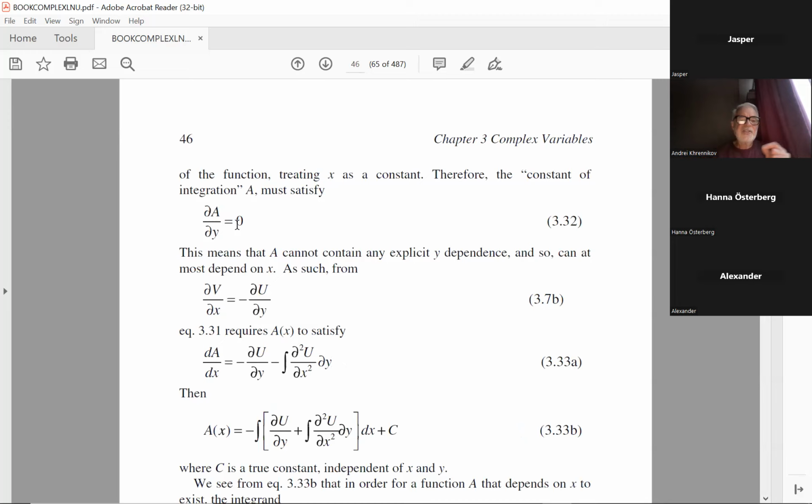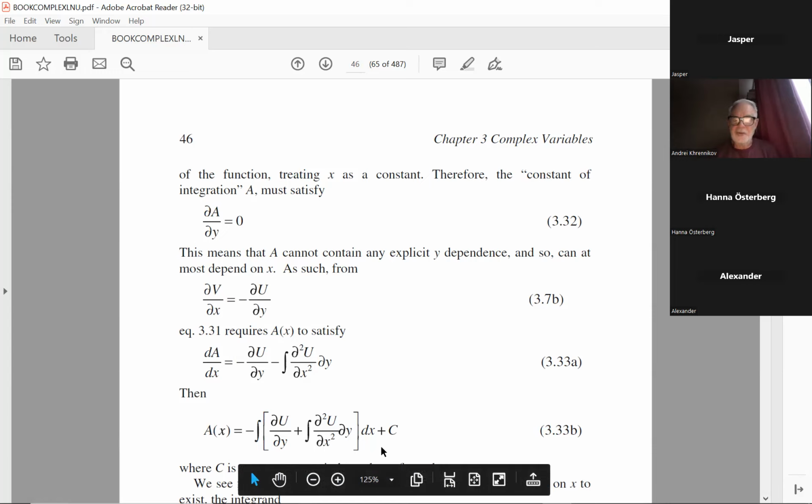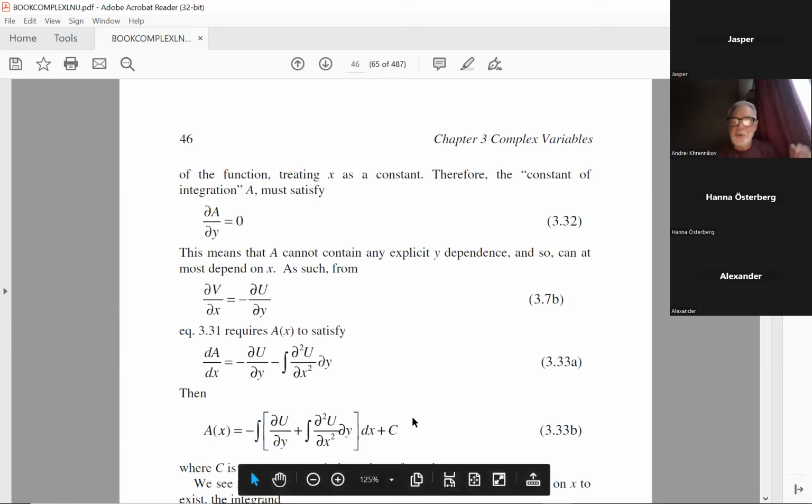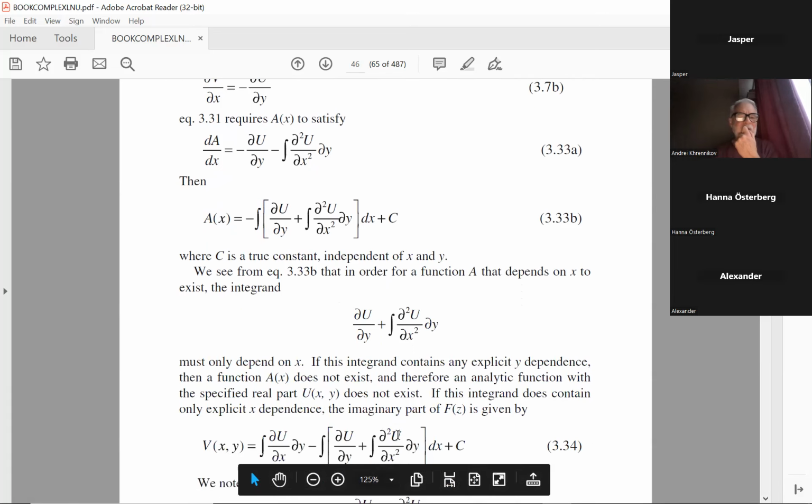Then how do we find A? Its derivative depends only on X. It does not depend on Y, because it's a constant of integration with respect to Y. So we get this equation, and from it we find this constant A, which is constant with respect to the second variable, but not constant with respect to the first variable. So this is a function of X, and here is already a usual constant, because we integrated with respect to all variables.